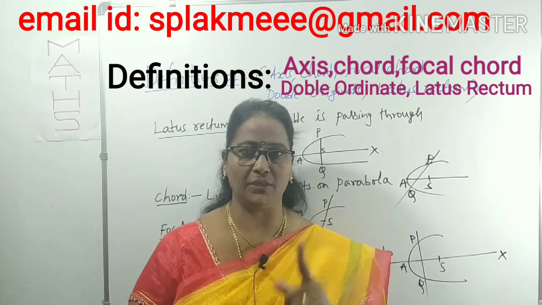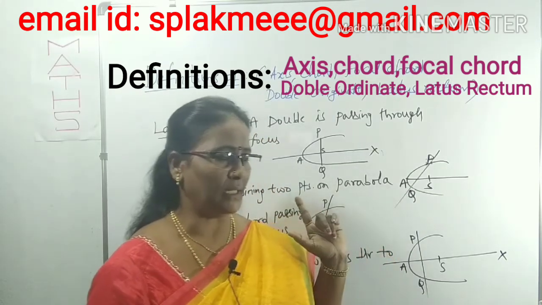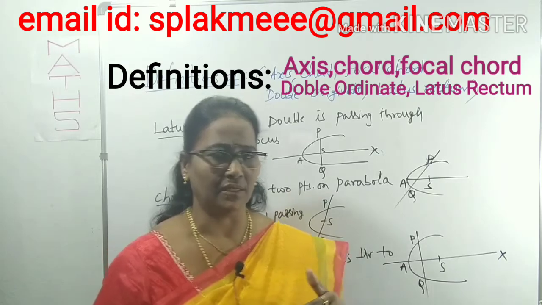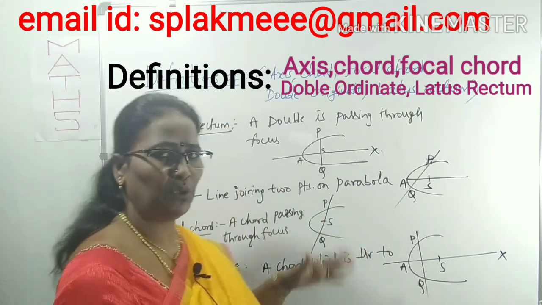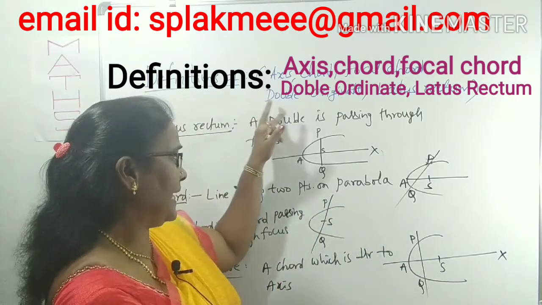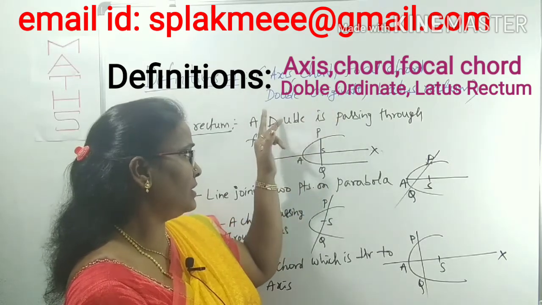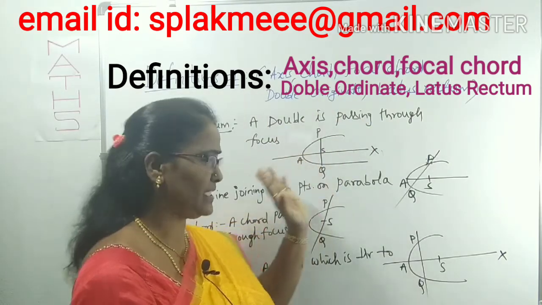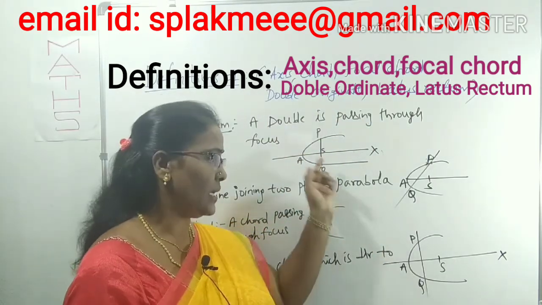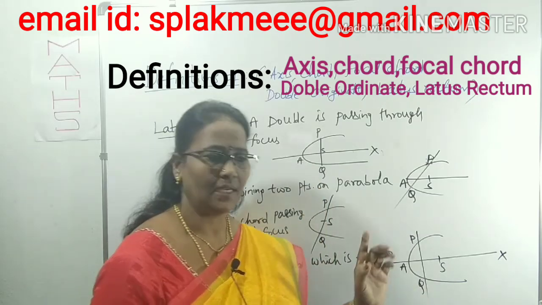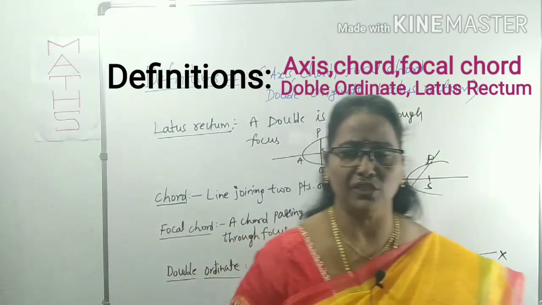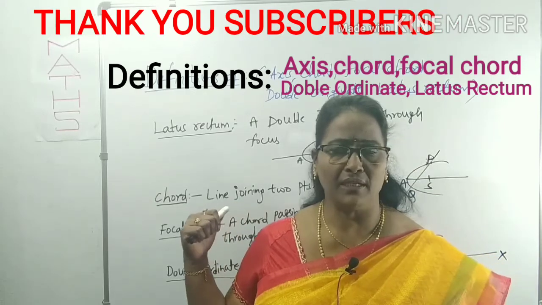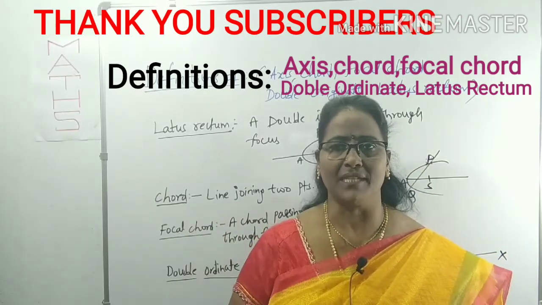Very simple, but you have to practice. I also gave some other definitions which are helpful throughout conic sections: axis, chord, focal chord, double ordinate and the latus rectum. These definitions also you have to know. I have explained them with figures also. These are most helpful to you for your parabola part as well as the next chapters.